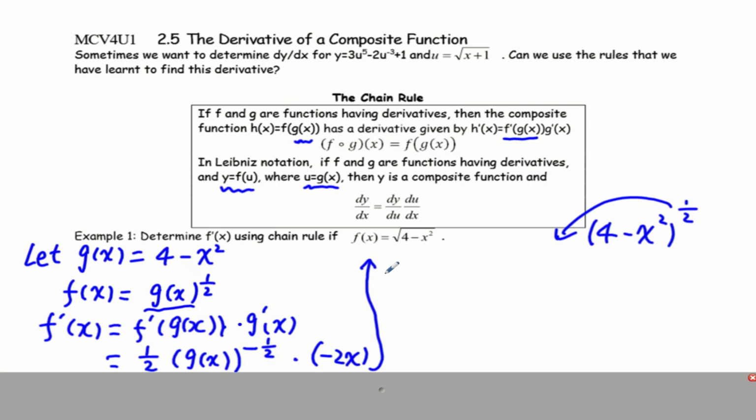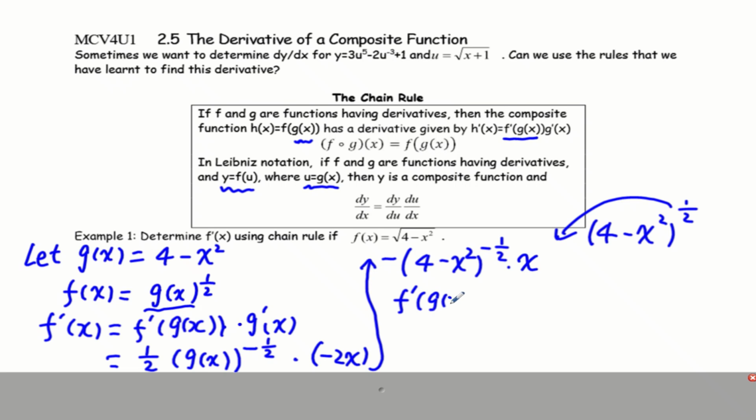So for the final answer, simplify: negative 2 times 1 over 2 is negative 1. Then g of x is 4 minus x squared to the negative 1 over 2, times negative 2 times positive 1 over 2, which is negative 1 already, so only x is left. So this is f prime of x.